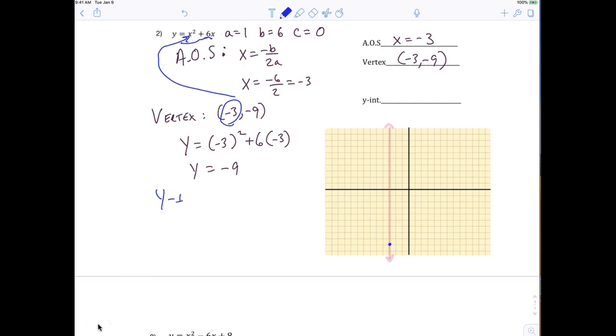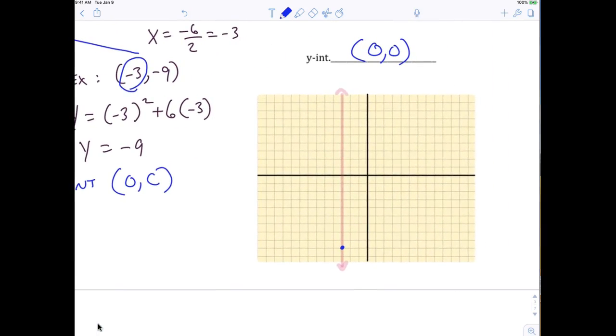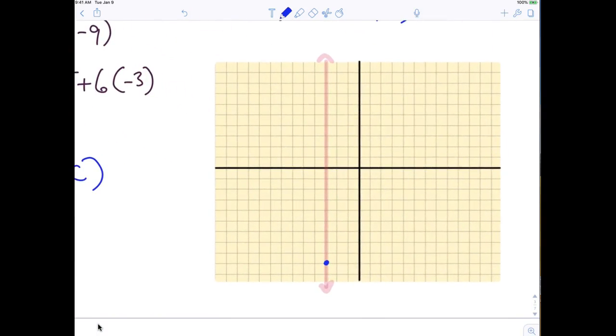The y-intercept was always what? 0, comma c. So in this case, it would be what? 0, comma 0. All right, so now everybody plot the point 0, comma 0. Now how far away am I from the axis of symmetry? 3. So you'll be 3 over on the other side of the axis of symmetry.